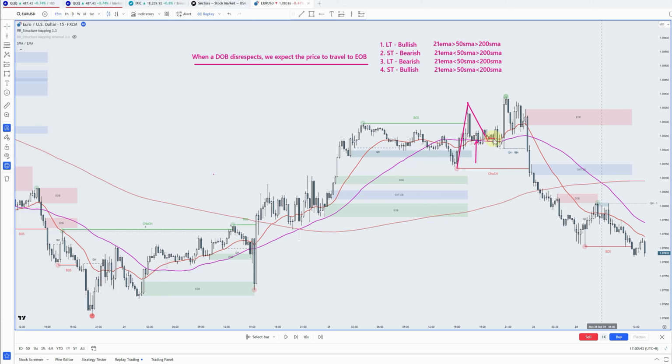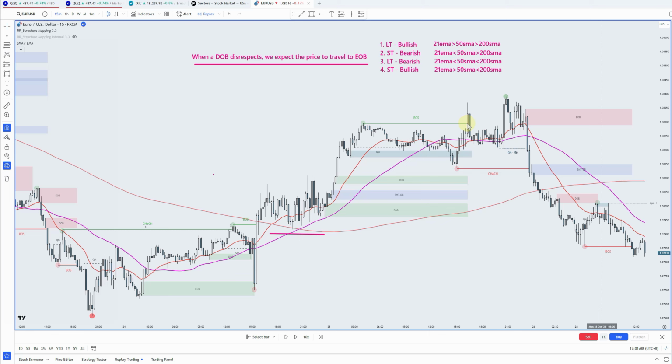Now you are again longer term bullish. 21 is greater than 50, 50 is greater than 200. What are you looking for? You are looking for a buy, but not on this time frame now. Why? Because you reached the external range liquidity already.